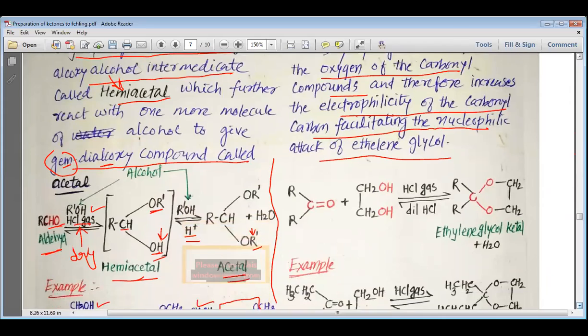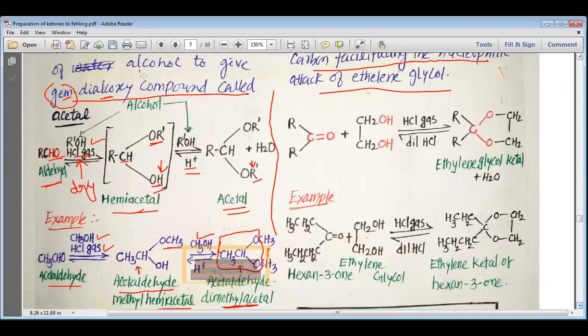You can see here that this is the ketone that we use. This ketone, when it reacts with the ethylene glycol in the presence of dry HCl gas, we get a cyclic compound.